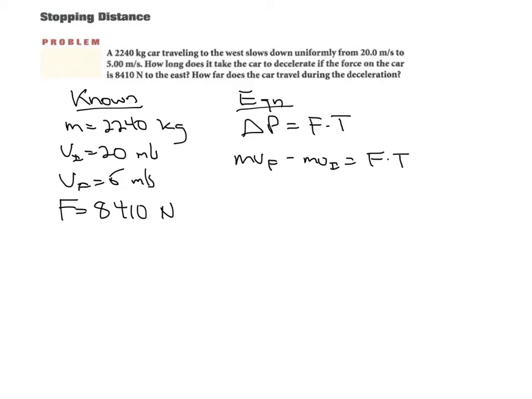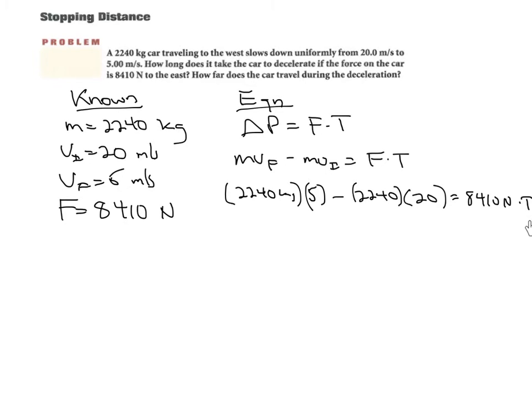Well, that's going to be 2,240 kilograms times our final velocity, which is 5 meters per second, minus 2,240 times our initial velocity, which is 20, and that's going to equal our force, which we know is 8,410 newtons, times our time. Well, now I can solve this for t. So go ahead and plug and chug, and let's see what t is. Set this up and solve it, you would get a time of 4 seconds.